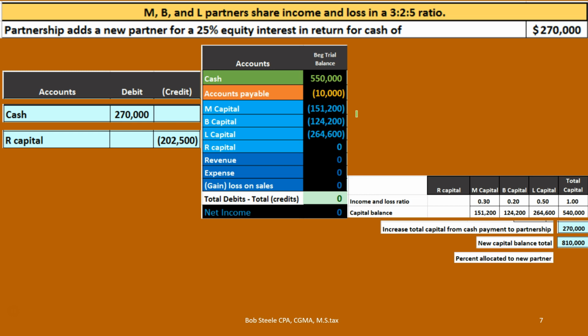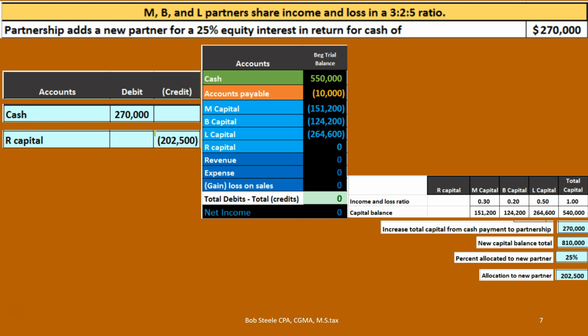We said that the new partner was going to get a 25% interest of that. Therefore, if we take that 810 times 25%, that's the agreement that we have. The new partner is going to be on the books for the $202,500. So that's where this number is coming from. So now the new partner gave the partnership $270,000. We're putting the new partner on the books at $202,500. And you might be asking, well, why would the new partner agree to these terms?